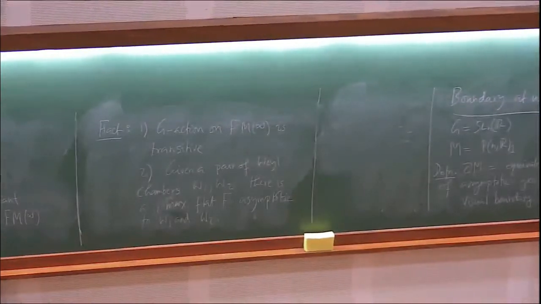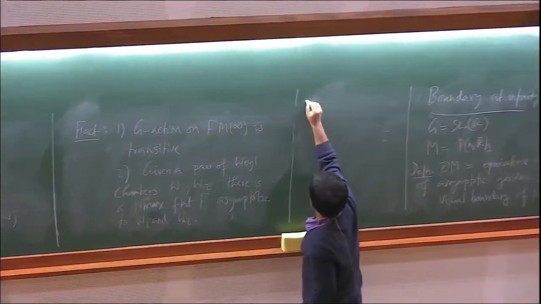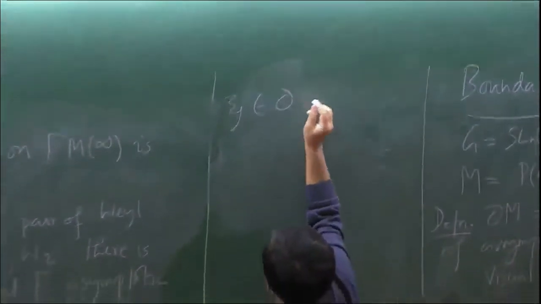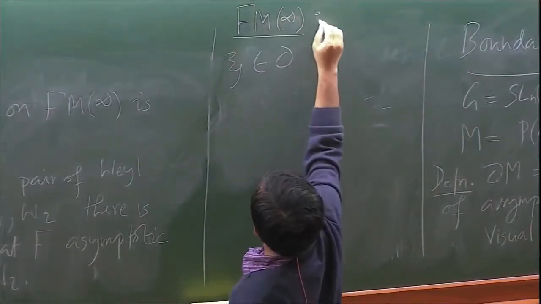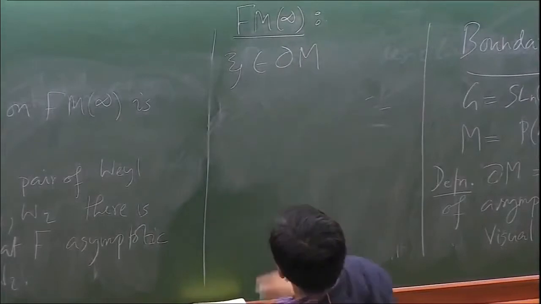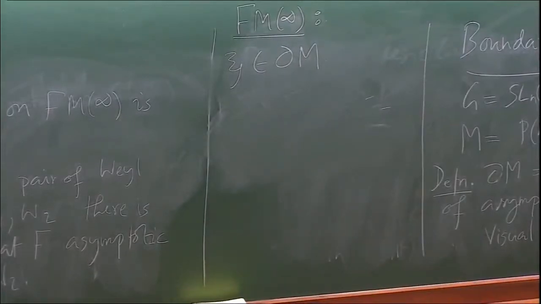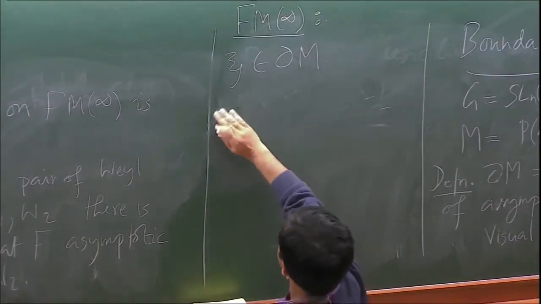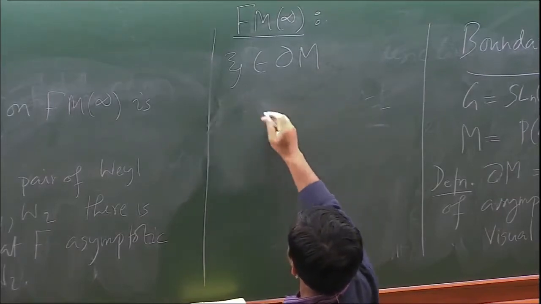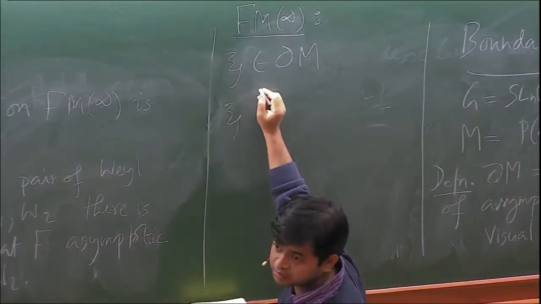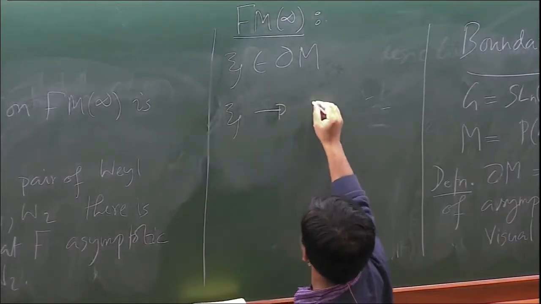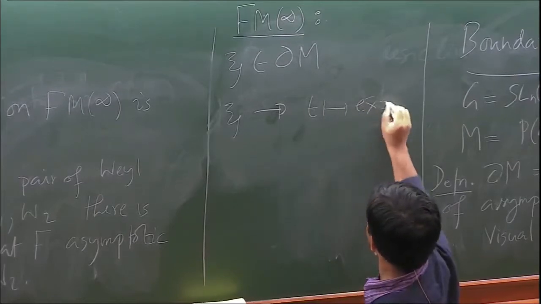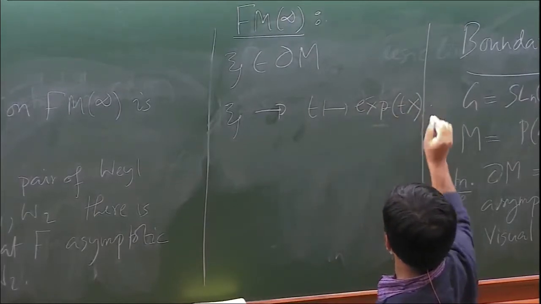Just quickly, I mention this: suppose in this case I take some point xi inside this, as we are trying to understand this Fm infinity. This corresponds to some geodesic ray passing through the identity, a unique geodesic ray. So this gives me a geodesic t going to exponential of tX.